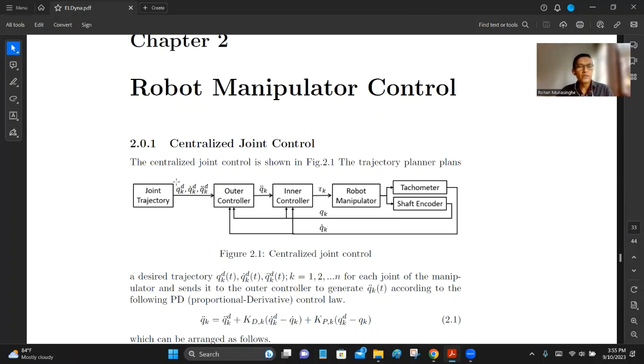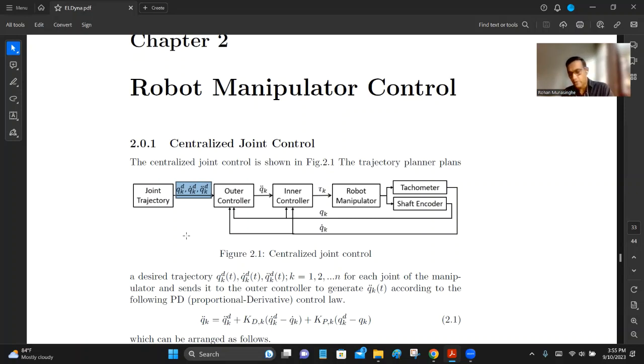So that is what I have written here as Q_kD, and then Q dot_kD, and then Q double dot_kD. So k is the joint index. Joint 1, joint 2, joint 3, if you have joint 6, up to that point. And D stands for the desired. Okay, this is your desired trajectory.